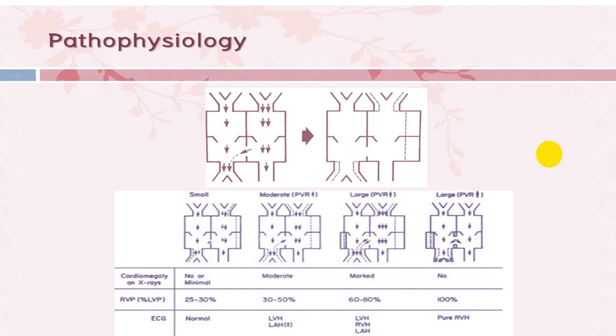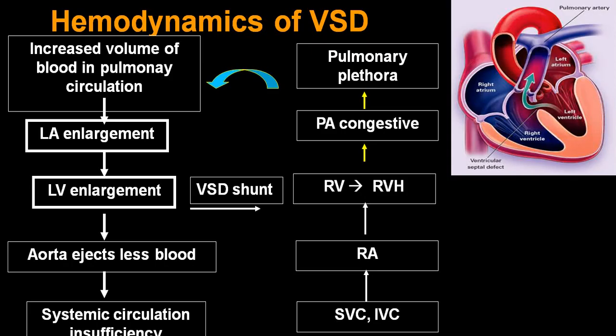So that will be the end stage where you will develop right ventricular hypertrophy, RV pressure elevation, increased pressure in superior vena cava as well as inferior vena cava, and symptoms and signs of congestive heart failure. So this will be the entire pathophysiology which will take place in presence of moderate to severe ventricular septal defect.